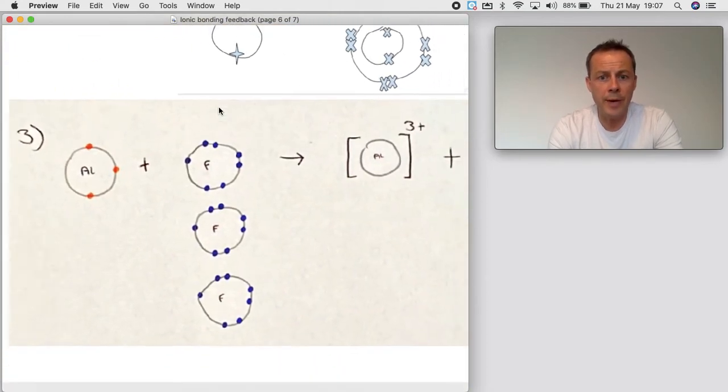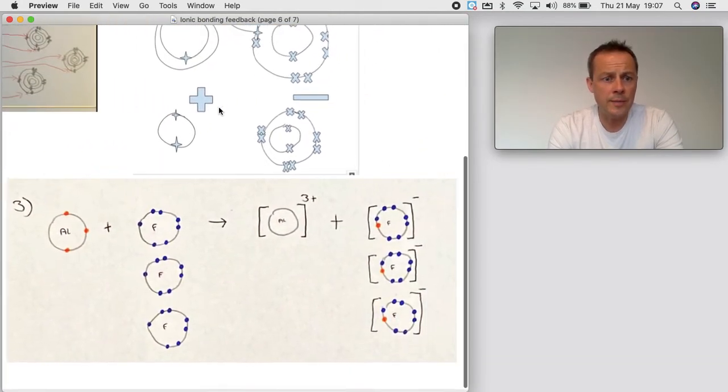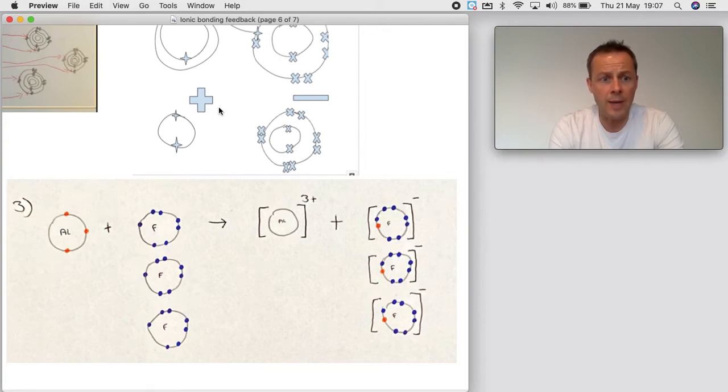Another example here, a hand-drawn one, showing the same kind of thing. So we've got aluminium, which did have 3 electrons on the outer shell. It's unstable, it needs to become stable, so it'll lose those 3 electrons, resulting in a 3+ charge. Fluorine needs 1 electron, but aluminium's giving away 3.